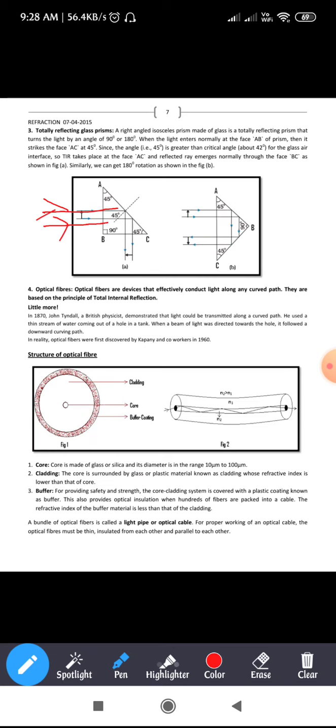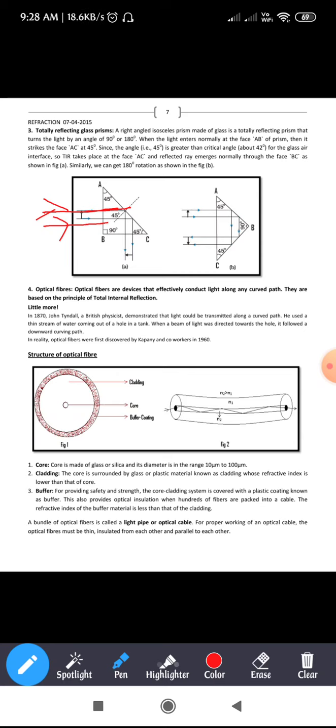When the light enters at the interface of AC, which is a glass and air interface, this incident ray strikes the face AC at an angle of 45 degree.